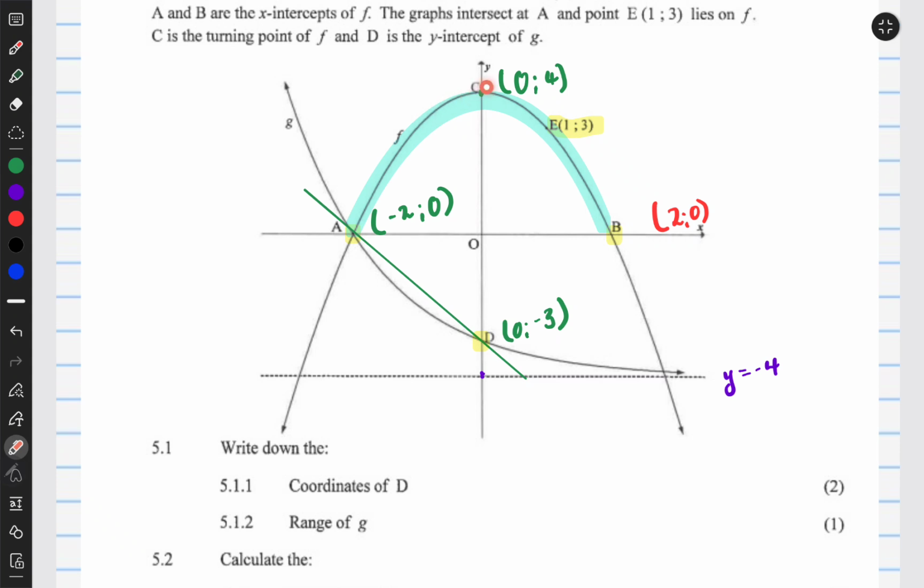But once we get there and x is equal to 0, what happens? As the x values are still increasing, what's happening with the y values? The y values are decreasing. So our function from x equal to 0 is decreasing.